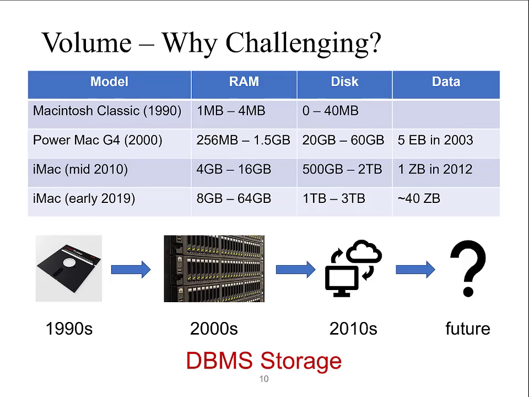Okay, and in 2019, the total amount of data in the world would be around 40 zettabytes. So the growth of storage capacity is way behind the growth of data.